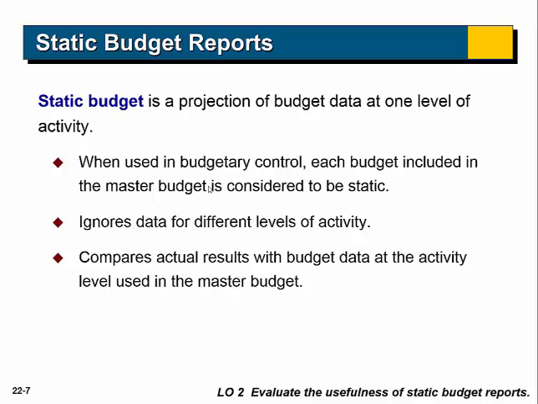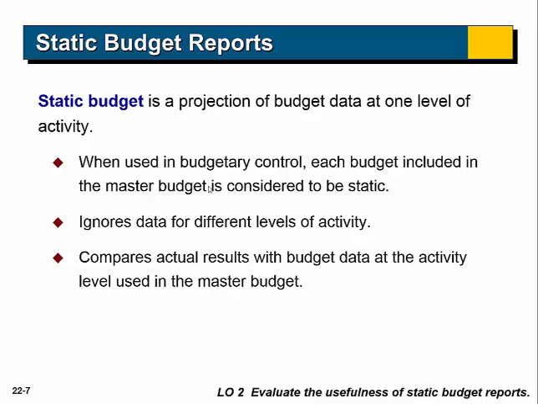So static budget, what we developed back in chapter 21, is a projection of budget data at one specific level of activity, number of units, if you will. When it's used in budgetary control, each budget included in the master budget is considered to be static. So again, at one level of activity.